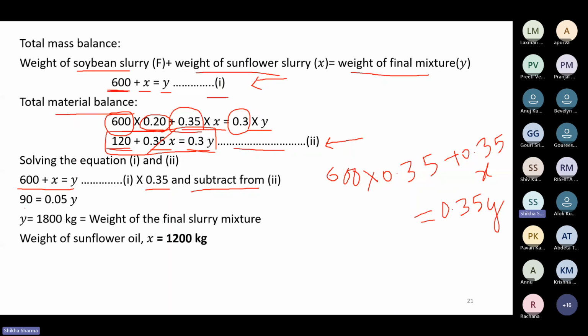Right? So this is equation 1 now, and we are going to subtract this and this equation.